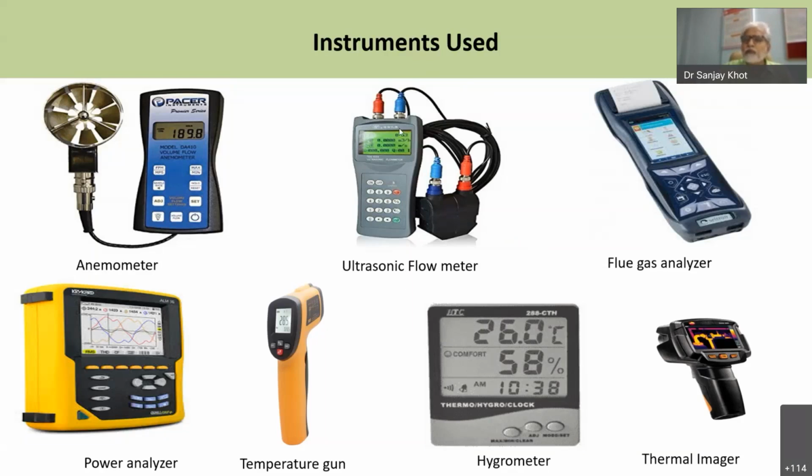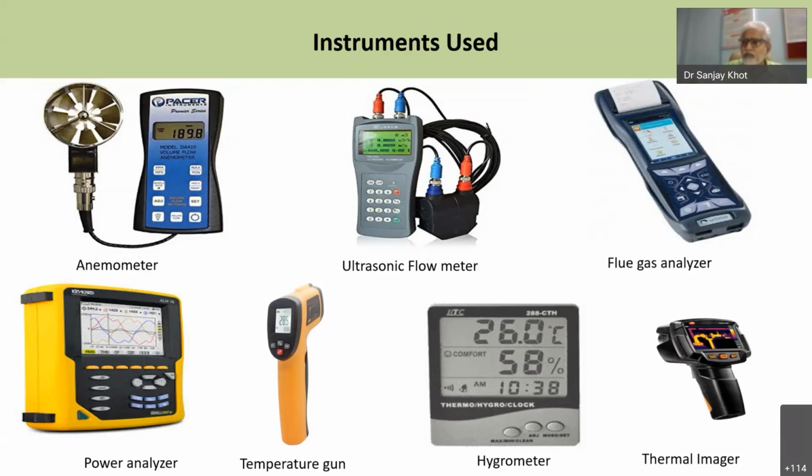That can be done. Now another one is the flue gas analyzer. This is very important where boilers and furnaces are concerned, where coal is burned in a big way, bagasse is burned in a big way, or firewood is burned in a big way. Here we need to put the probe of the flue gas analyzer in the chimney, and from that we get details about the composition of the flue gas, what different gases are available in it.